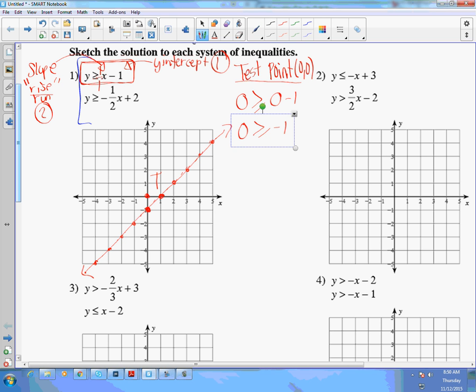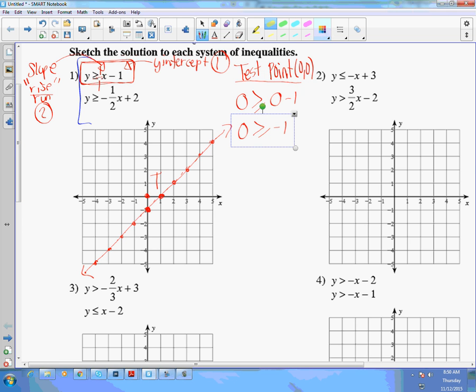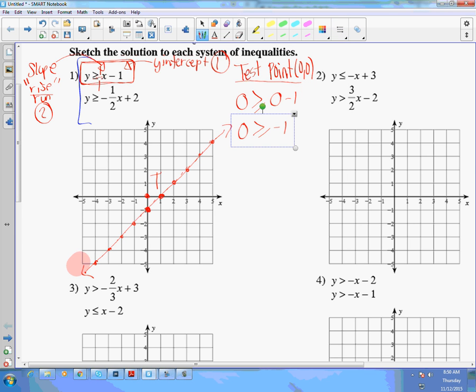We're going to shade everything in the true area, so everything above the solid line. Shade lightly though, super light. I'm going to get a light pink for my shading. So all the way up to that solid line, and everything above it, lightly shade in the same color.